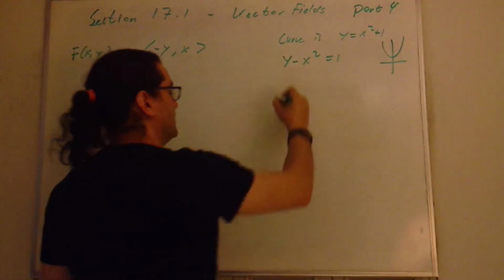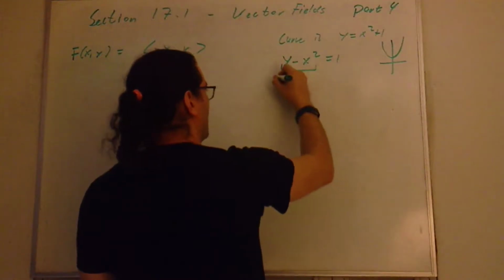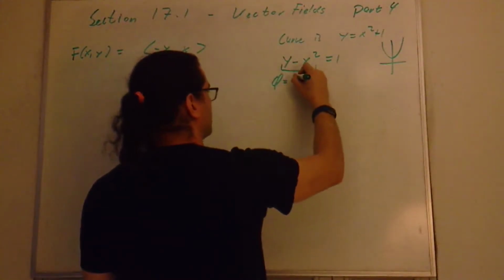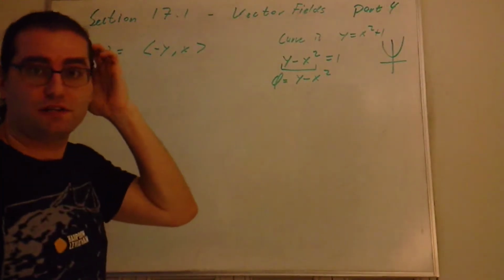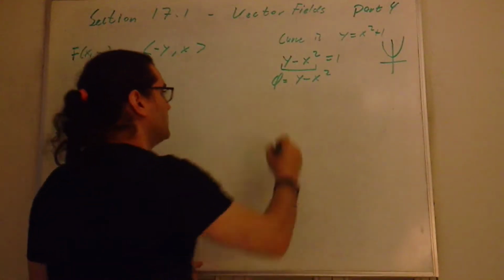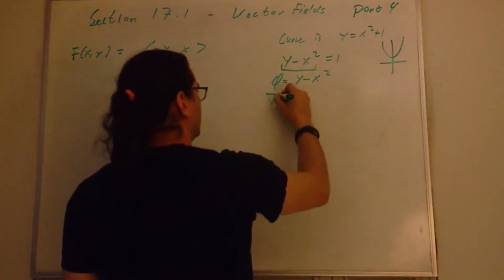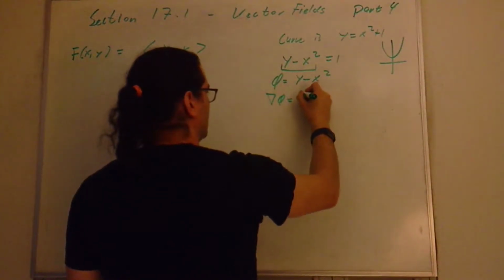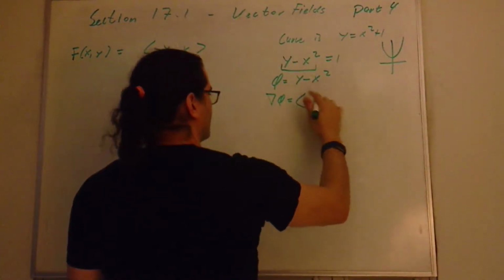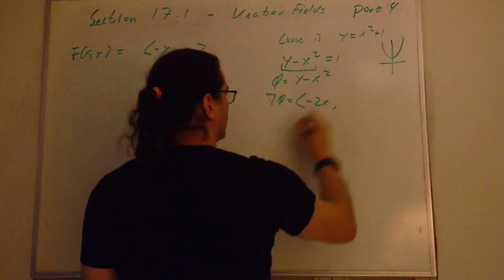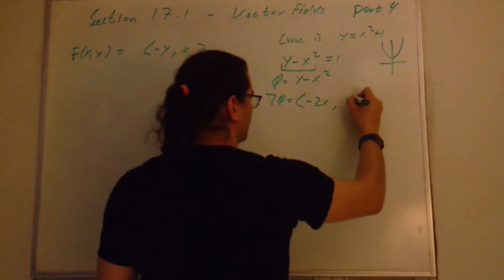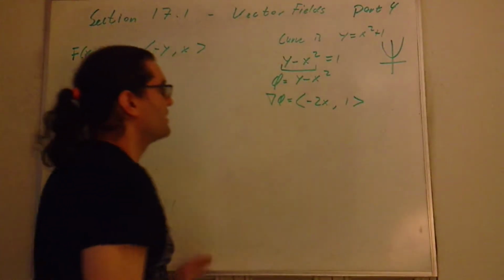So now I'm going to say that this function of x and y is my potential function phi. Phi is y minus x squared. And I'm going to take the gradient of that. Del phi equals, derivative with respect to x is negative 2x. Derivative with respect to y is positive 1. This is my gradient.